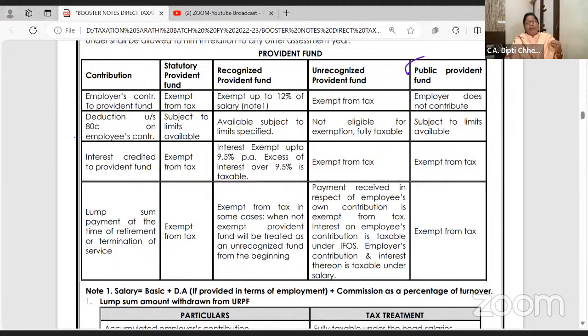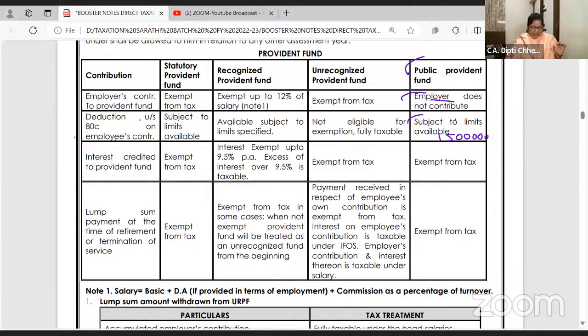Correct? You can put money in PPF for yourself and your family members. Can the employer put money in Public Provident Fund? No. The employer doesn't contribute. Now, is deduction under 80C given? Yes. In PPF you can put 1,50,000 for yourself, your children, spouse, and whoever puts it can get that deduction. Okay, right.